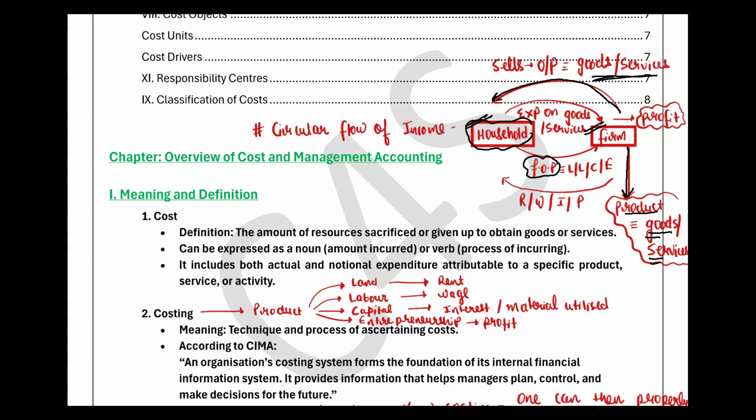In return they give expenditure on these goods and services. There is a profit that the firm makes, and through that profit they pay land as rent, labor as wages, capital as interest, and entrepreneurship as profit. I hope this scenario is very clear.